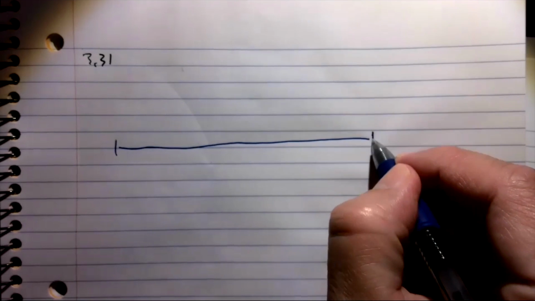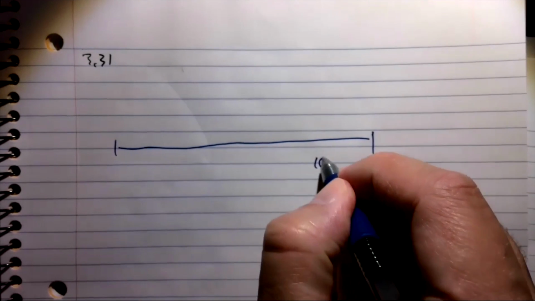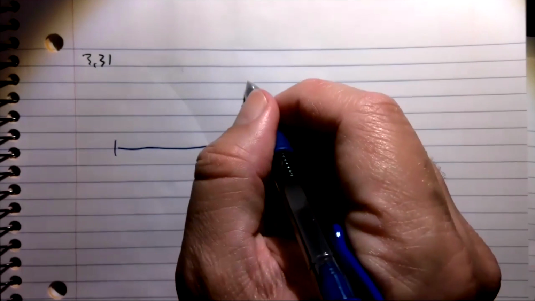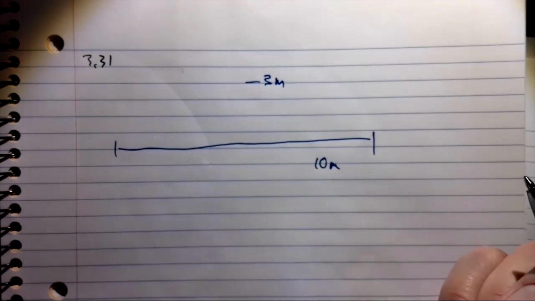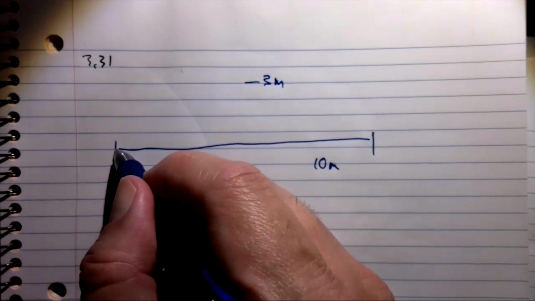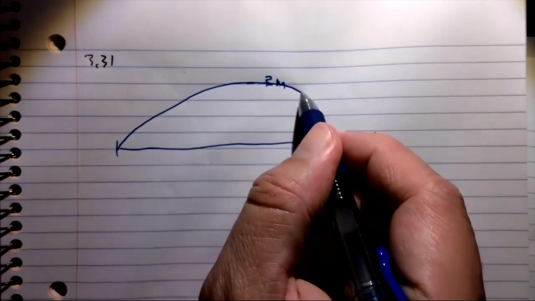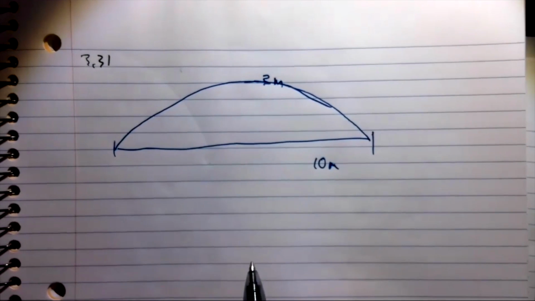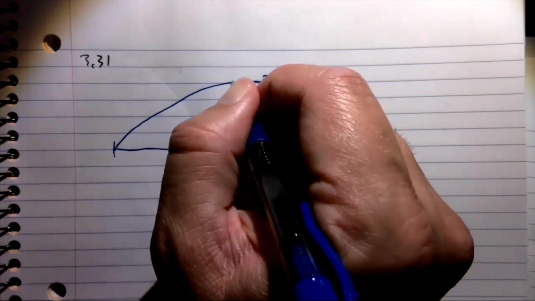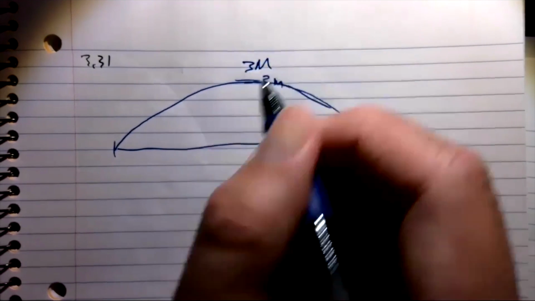So we'll start here and we will go 10 meters, and the mountain lion goes 3 meters high, and it's got a nice curved path like this. So this is 3 meters, that's the height.